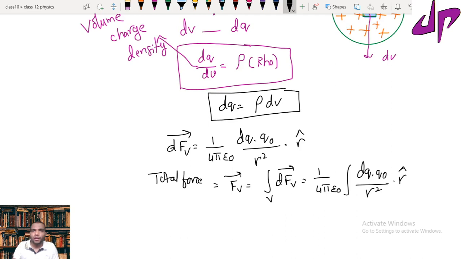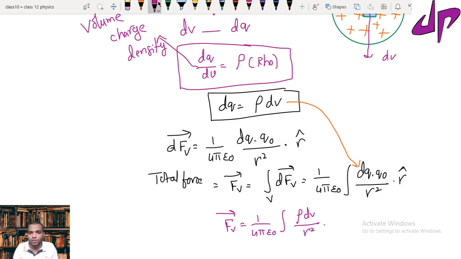So substitute the value of dQ here. The force equals 1 over 4 pi epsilon naught, integral rho dV by r square, times Q naught in the numerator, times r roof. R roof gives the unit vector direction.